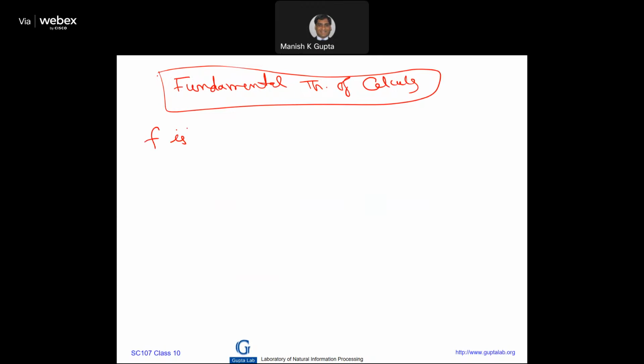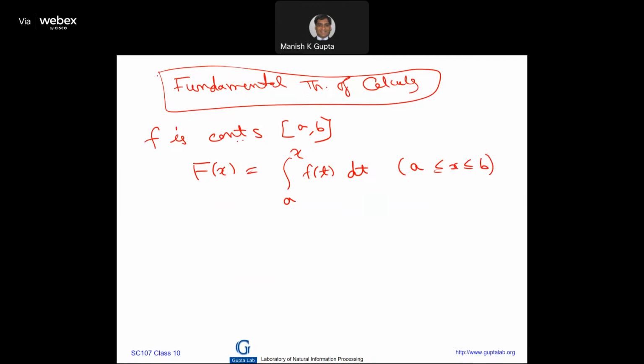Suppose f is continuous on a closed interval a comma b, and suppose a function F of x is given as integration a to x f of t dt. Then F dash of x is f of x.